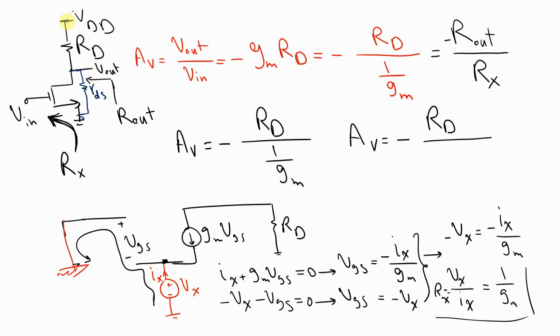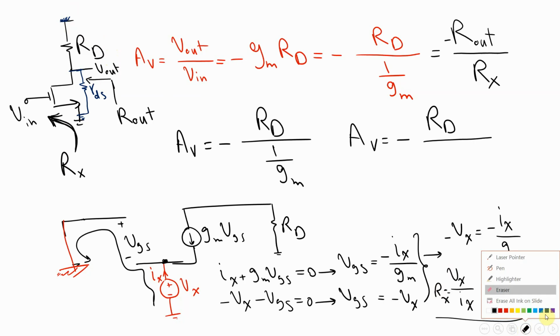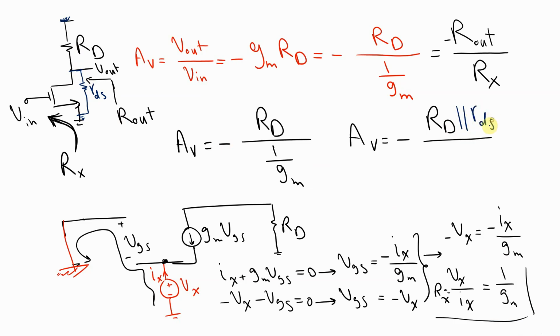As I told you already, the independent voltage sources had to be short circuited, and the current independent sources had to be open circuit. So here we have R drain source in parallel with RD.